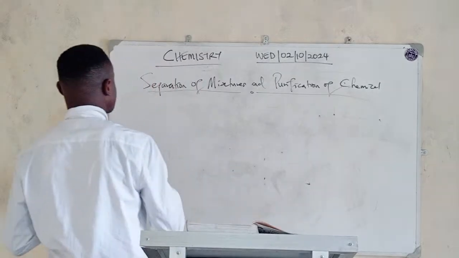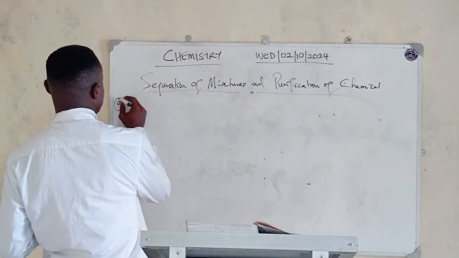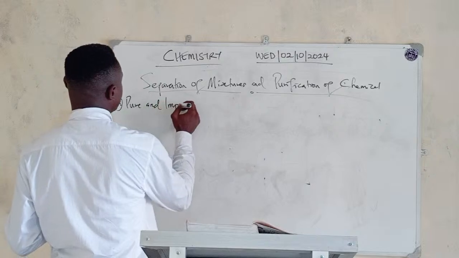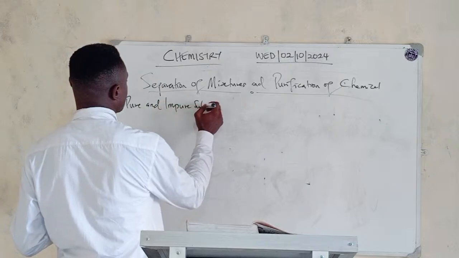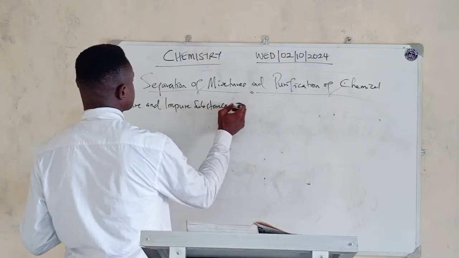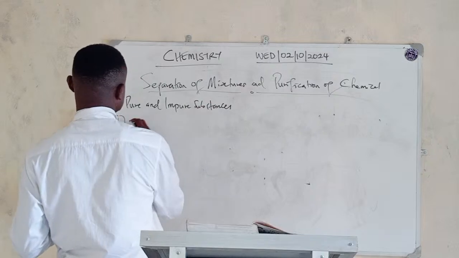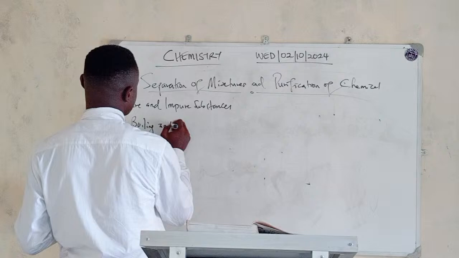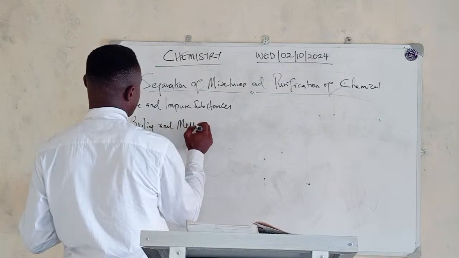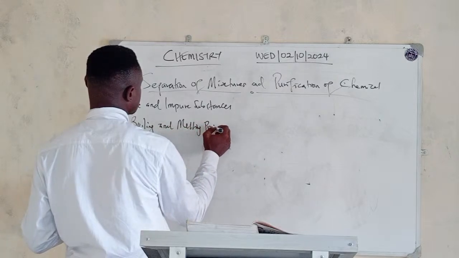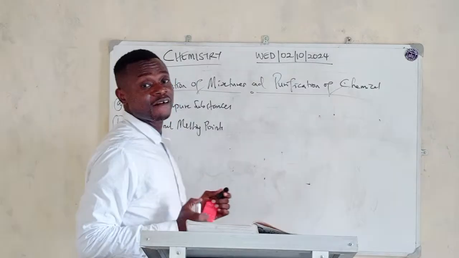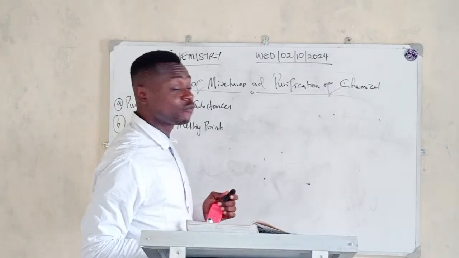Under this topic we've discussed pure and impure substances. We've discussed boiling and melting points with respect to the criteria for test of purity of substances.